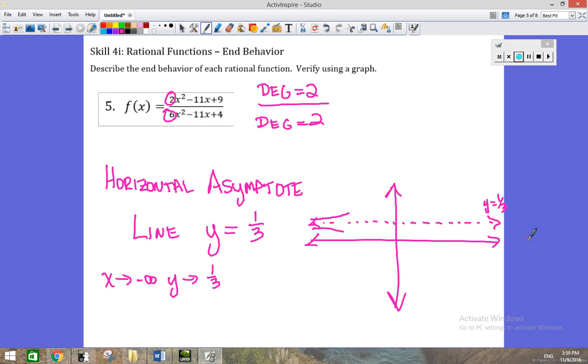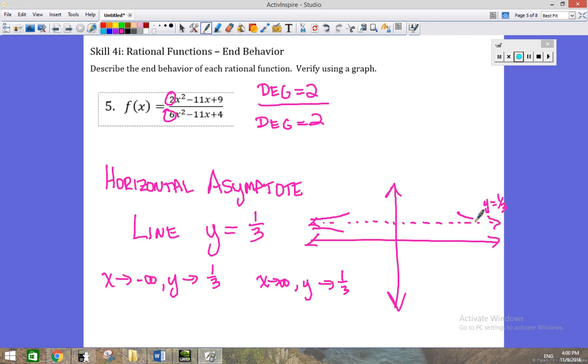So I'll have to either plug in values into the function to determine it, or use the graph. So as x is on the right hand side here, as x is approaching positive infinity, I know that the y values again are getting closer and closer to 1/3, never quite equaling 1/3.